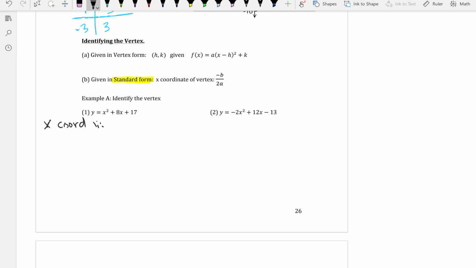of the vertex, oh gosh, my pen is kind of running out of juice here, is going to be that formula, negative b over 2a. So I want to make sure that I identify my a, my b, and my c value. So here it looks like my a value is equal to 1, my b value is equal to 8, and my c value is equal to a positive 17.